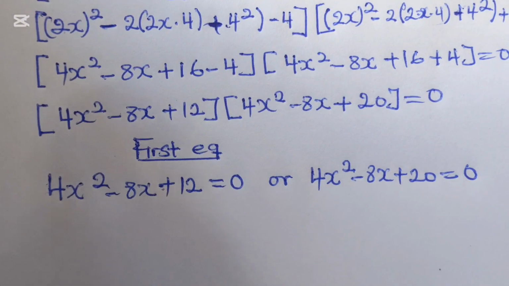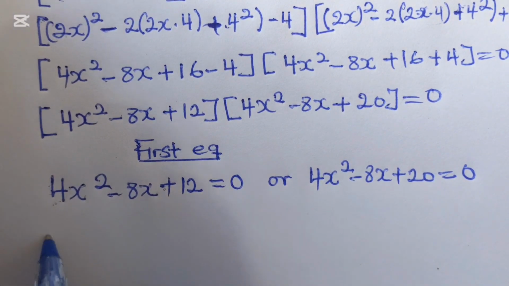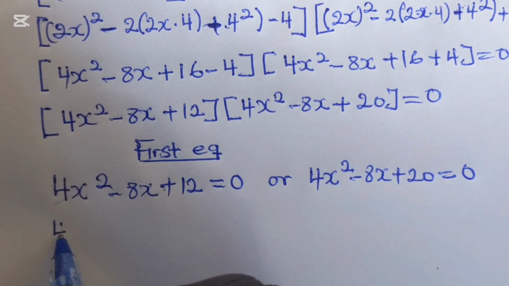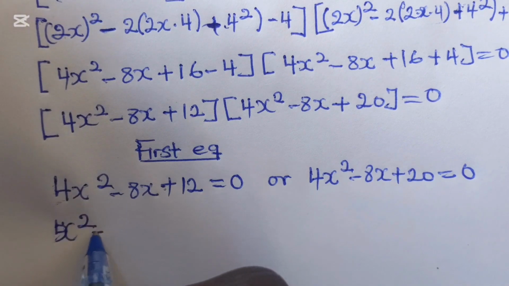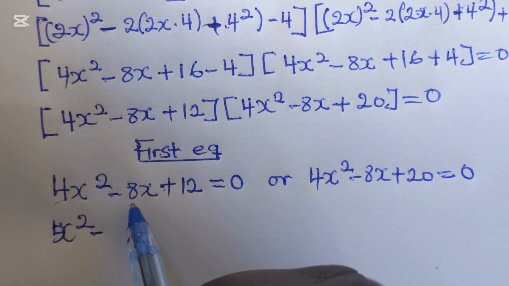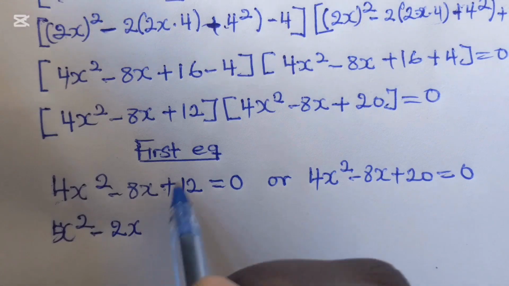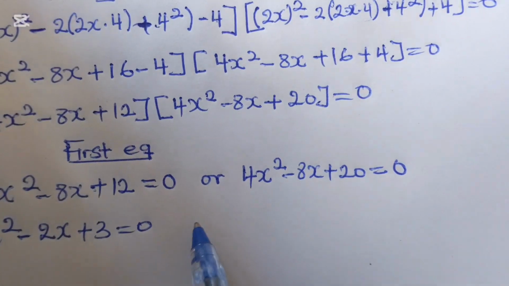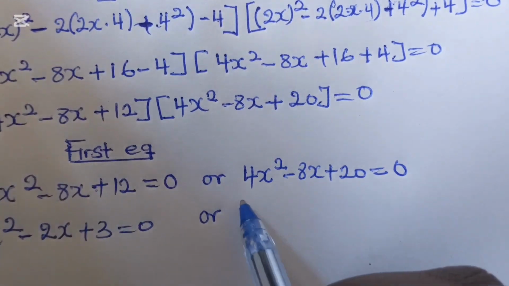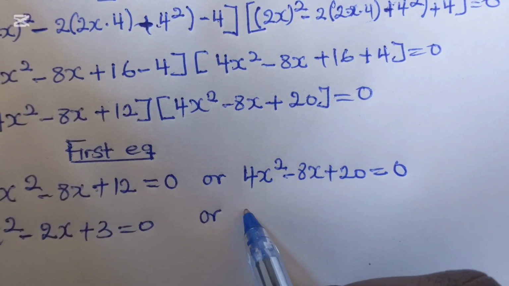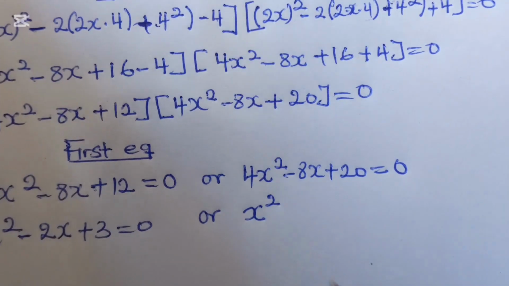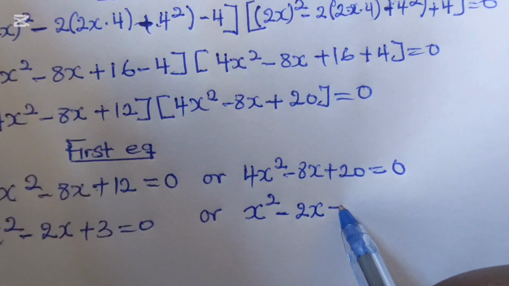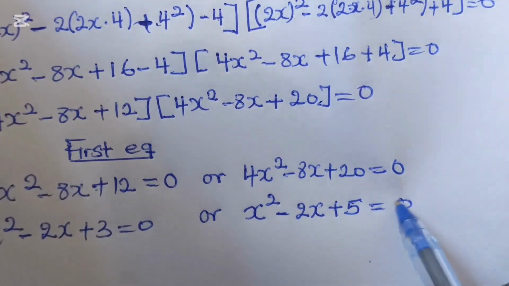Now here we can factorize by 4. By 4 here we will get x^2 - 2x + 3 = 0, or here by factorization we get x^2 - 2x + 5 = 0.